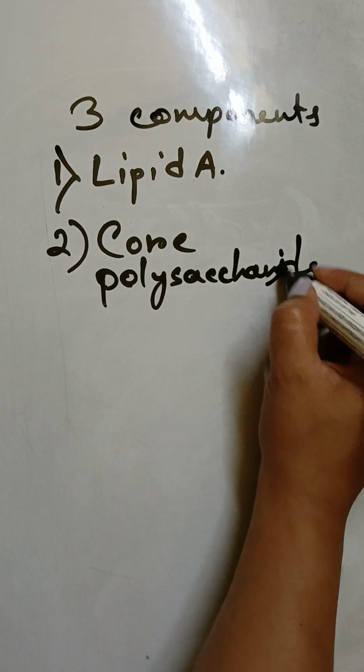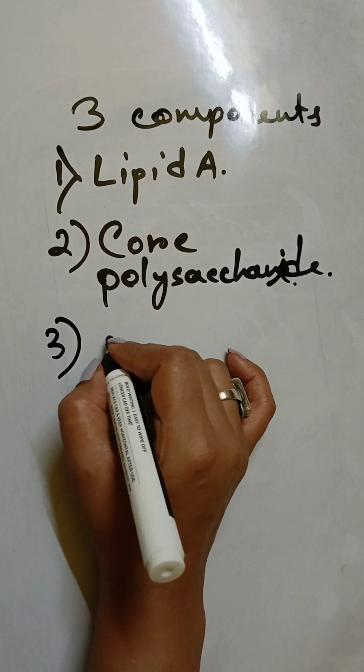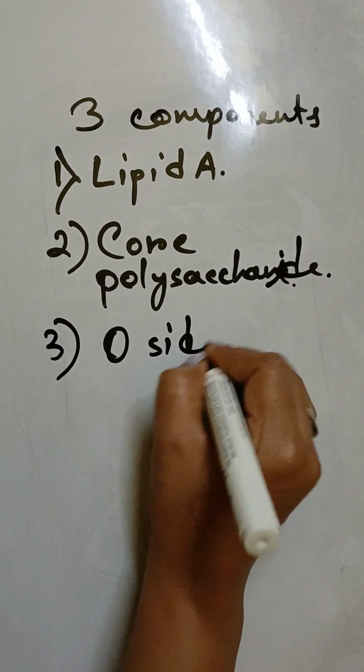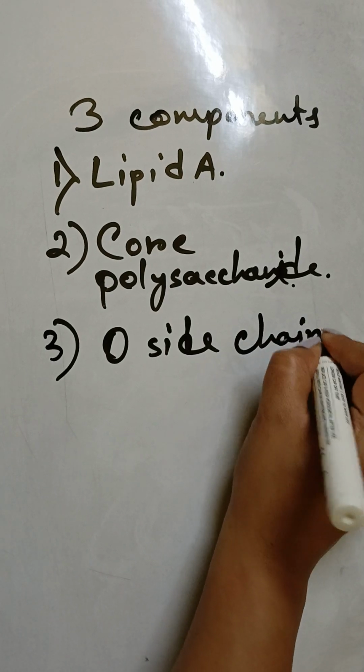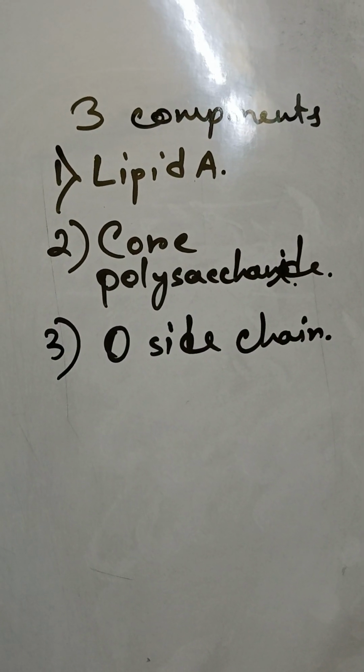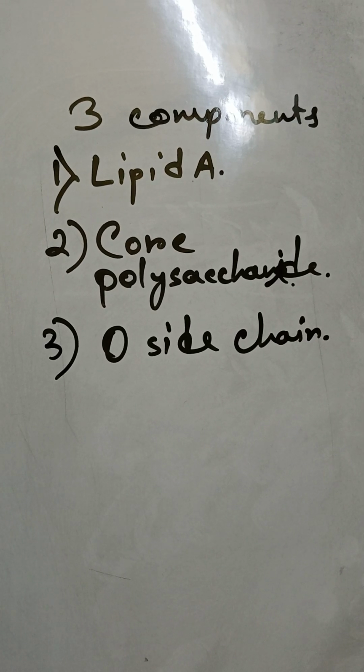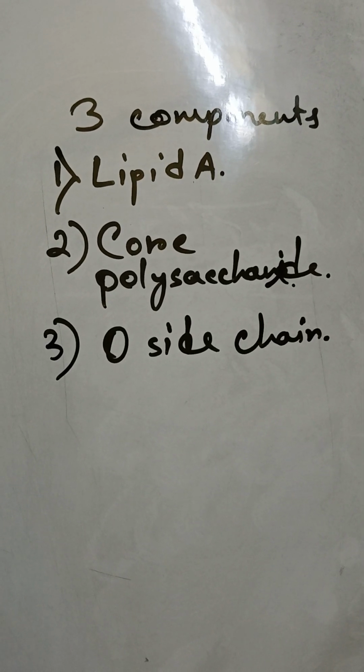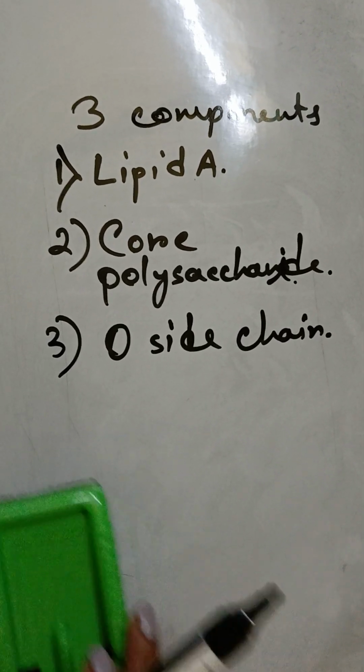Number 2 is core polysaccharide, and number 3 is O side chain. These 3 are the major constituents of the lipopolysaccharide, and the lipopolysaccharide is the major constituent of the outer membrane of gram-negative bacteria.